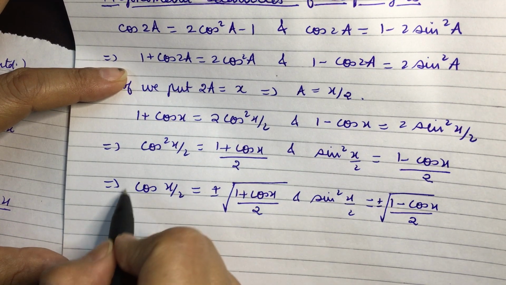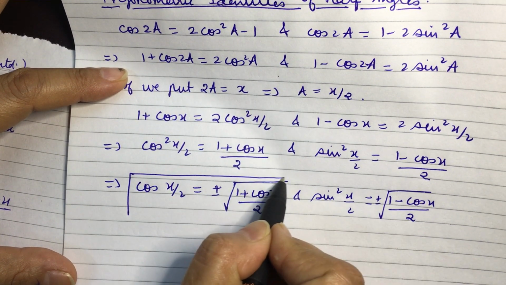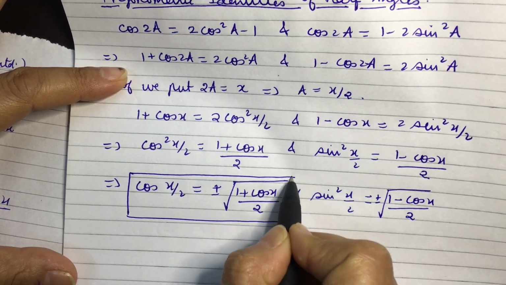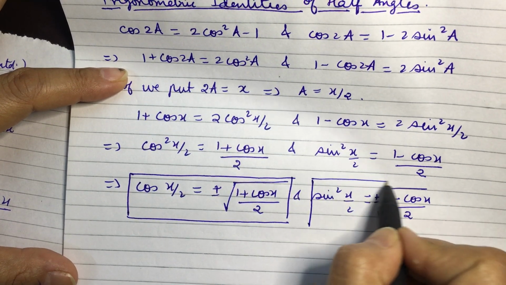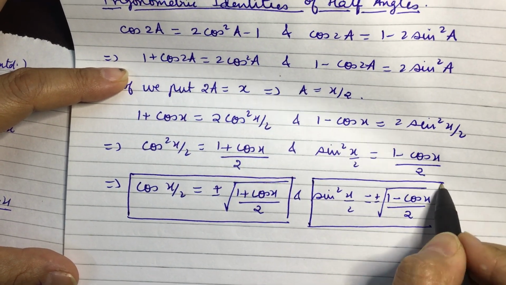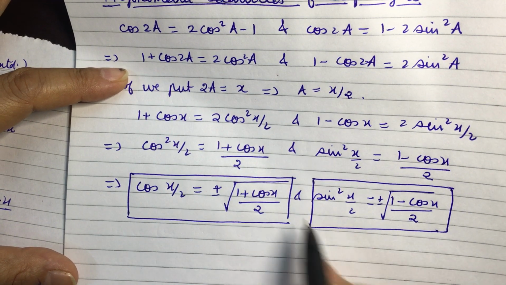Now these are the two values which we have. So it means that both cos as well as sin x by 2 depend upon the value of cos x.